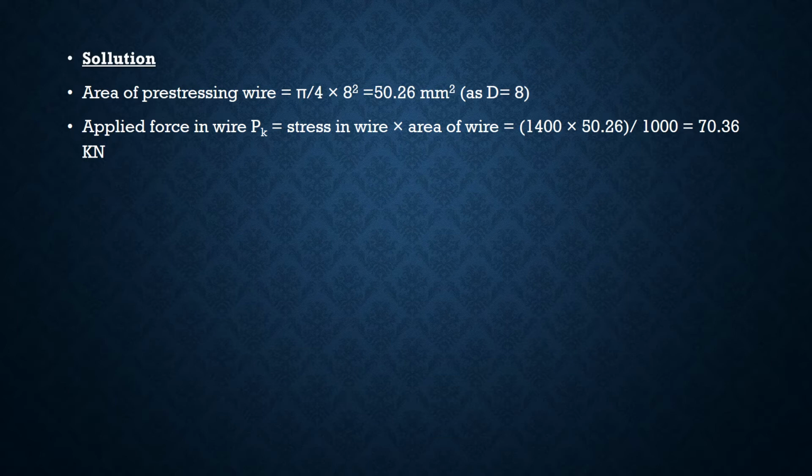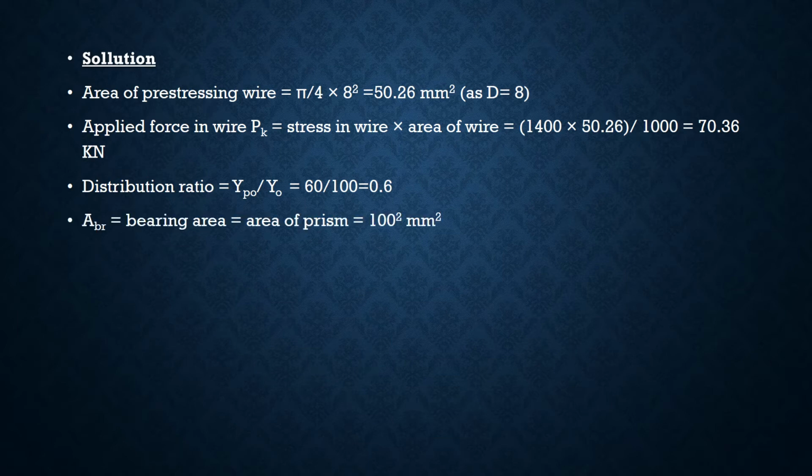So the stress is 1400 into the wire area 50.26, and to get SI units we divide it by 1000. So applied force in wire Pk is equal to 70.36 kilonewton. Distribution ratio yp0 by y0 is equal to 60 by 100 is equal to 0.6.